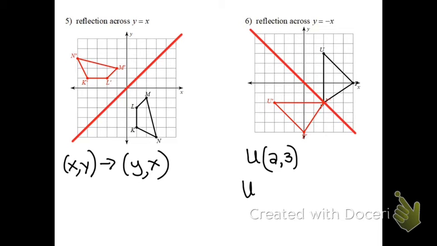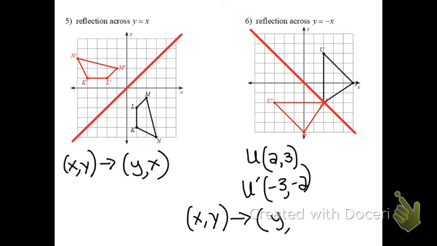U prime, our answer, the coordinates of U prime are negative 3, negative 2. Okay, so what happened? What would our rule be? Well, first of all, x, y maps to. Okay, are the x's and the y's in the same order? Nope, they reversed again. We have a y and an x, but they also did what?